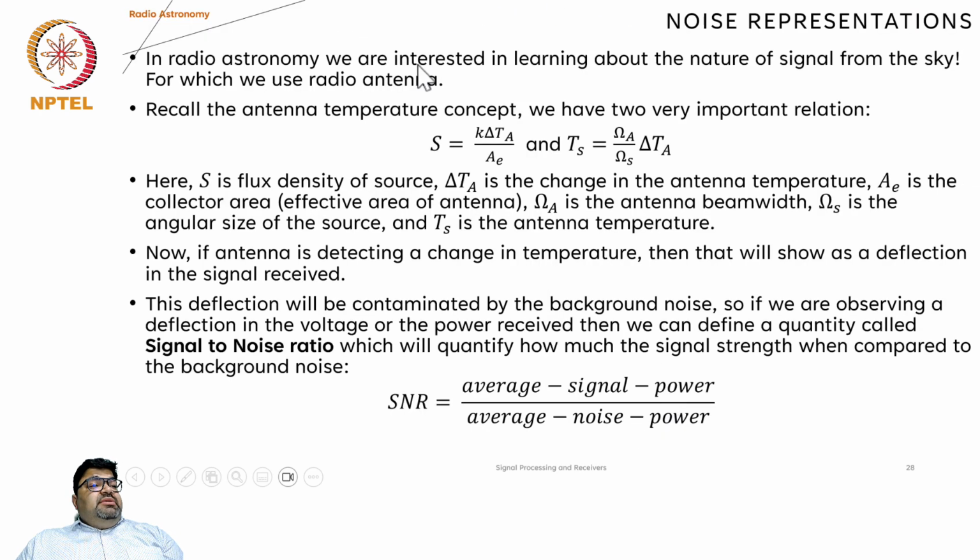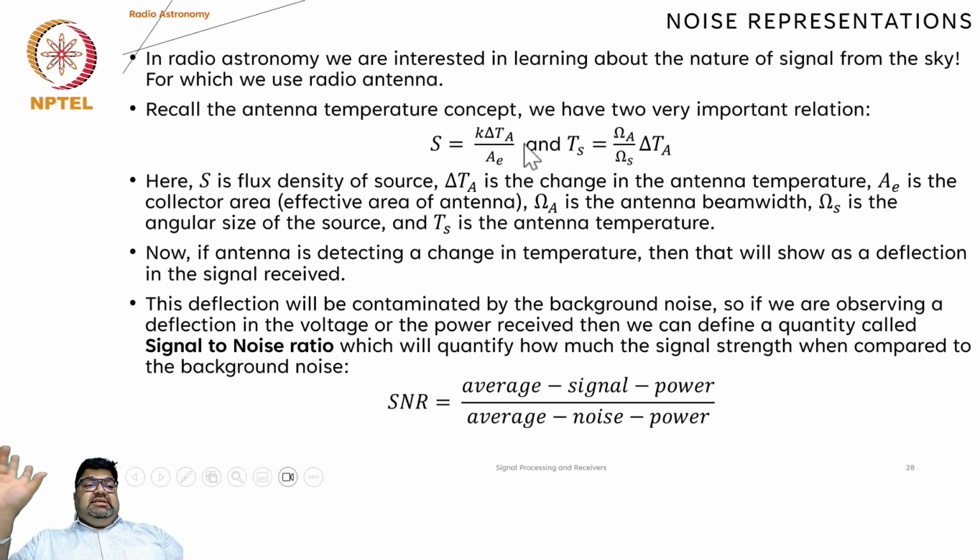In radio astronomy, we are interested in learning about the nature of signals from the sky, for which we use radio antennas specifically. Antenna temperature, you remember, is given in terms of the flux density.